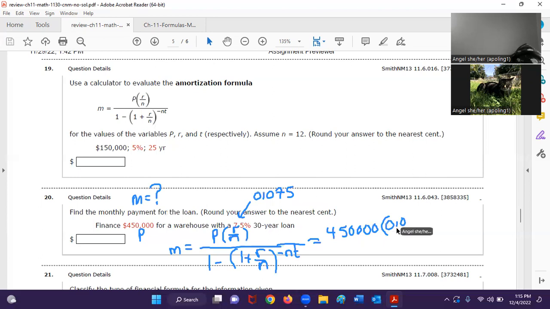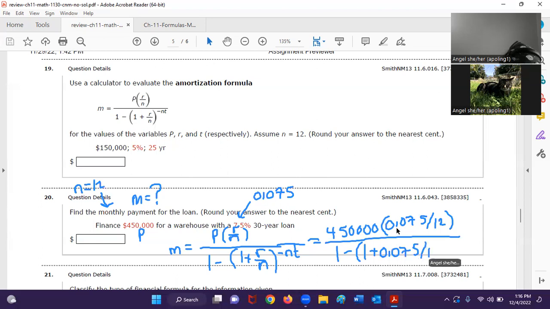0.075 divided by 12 because it's monthly. Our denominator is 1 minus the quantity 1 plus rate divided by N raised to the negative N times T. Okay, double check.